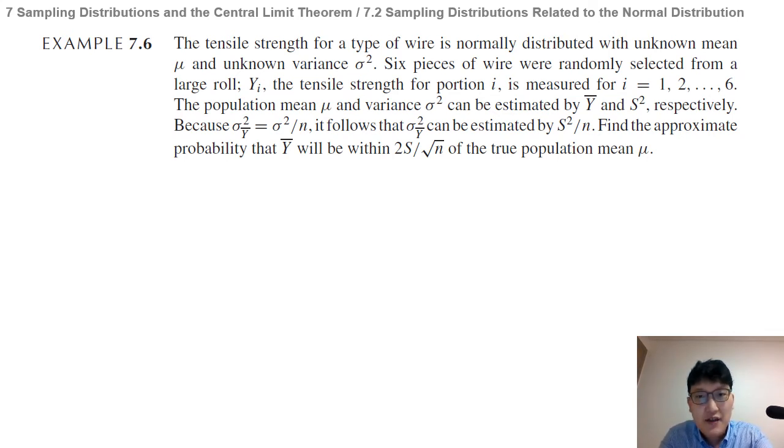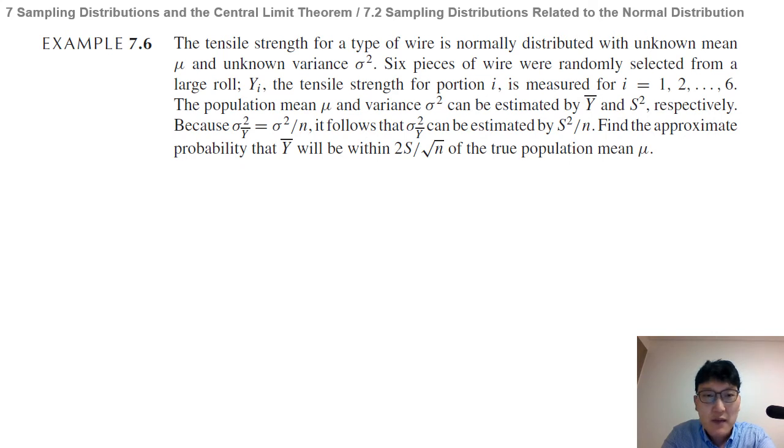The population mean mu and variance sigma square can be estimated by Y bar and S square, respectively, because the variance of Y bar is sigma square divided by n. It follows that the variance of Y bar can be estimated by S square over n.